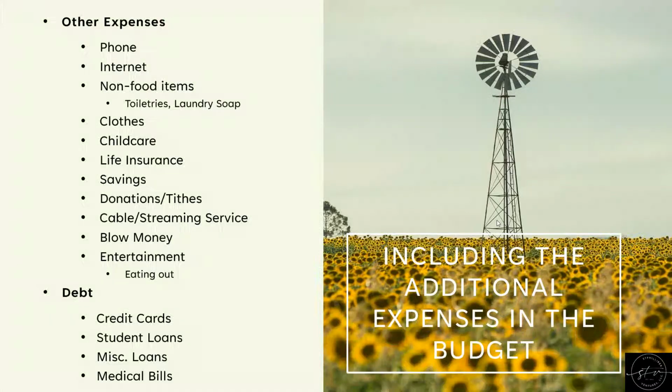Life insurance, savings, donations or tithes, cable or streaming service, blow money, or money that you allot every month to spend however you feel like spending it, and then entertainment as far as eating out, budget and such, and then listing out your debt as far as credit cards, student loans, miscellaneous loans, medical bills, whatever you may have.